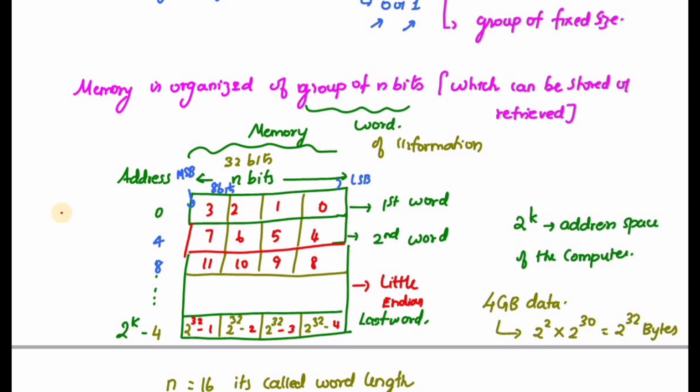Suppose 0 represents 32 zeros. So the word address must be of 32-bit length, and the byte address is also 32 bits long.